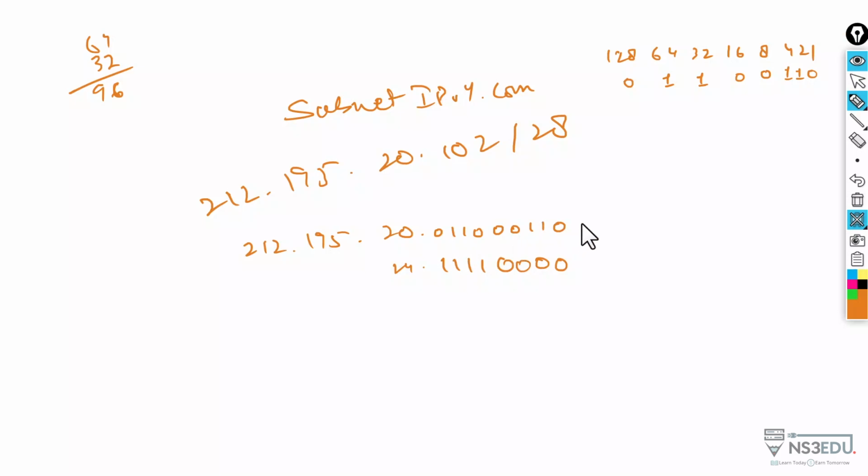Am I correct? No, I am not. I just made a mistake here. To correct it, we need just a moment. 0 1 1 0 and 0 1 1 0. That's how you will get 102.